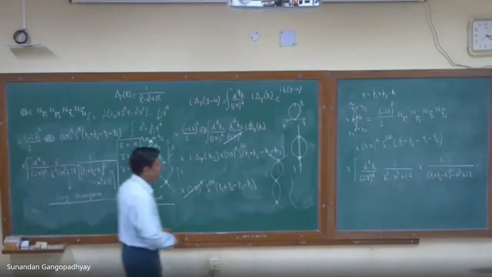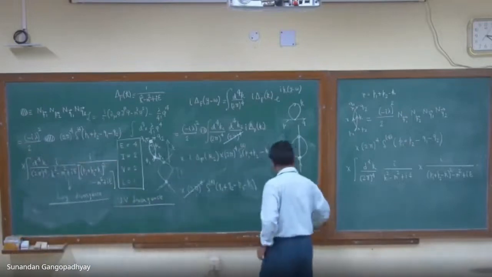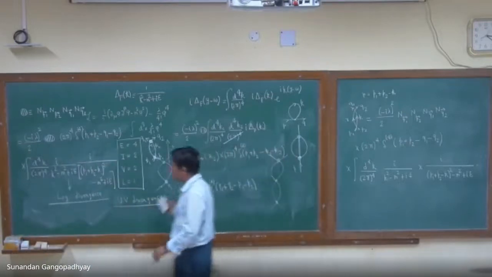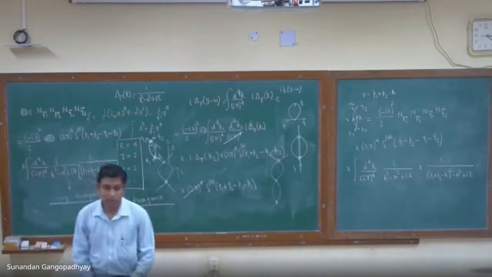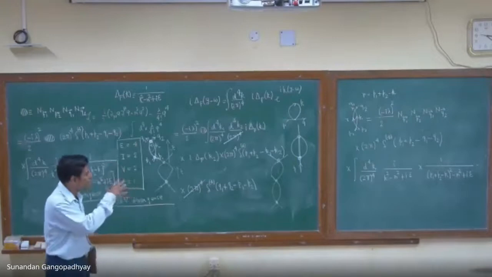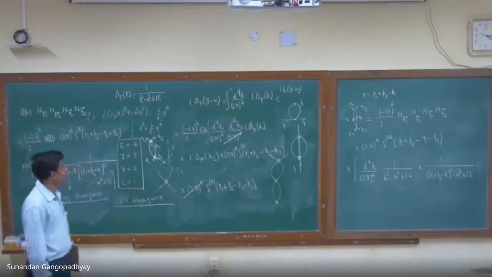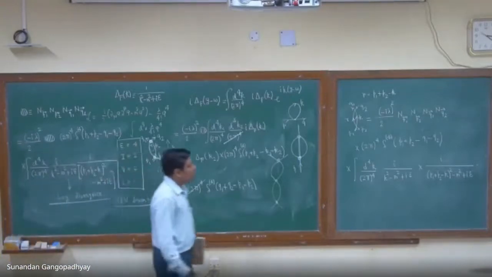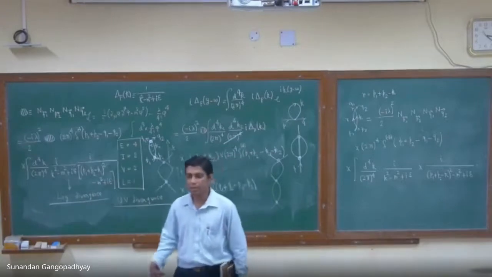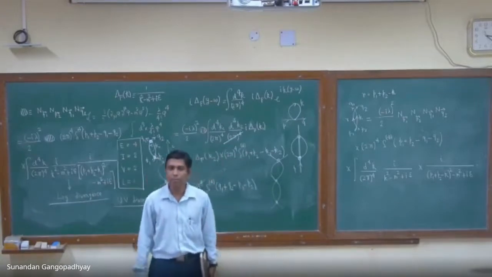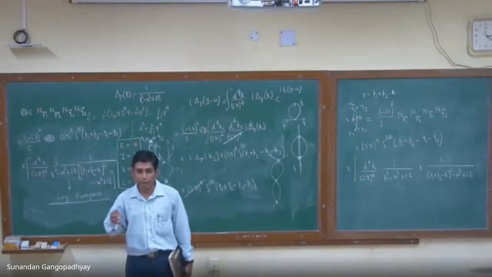Let us stop here, and I would urge you to have some practice. Just go home and work these things out yourself, and I can assure you that you will enjoy it. You can play with other kinds of theories also, for example phi cube theory, and start writing down the possible Feynman diagrams, scattering of one particle, scattering of two particles.